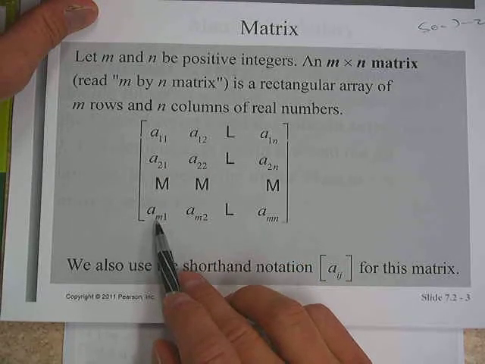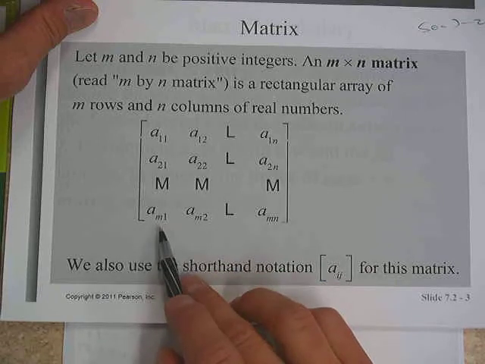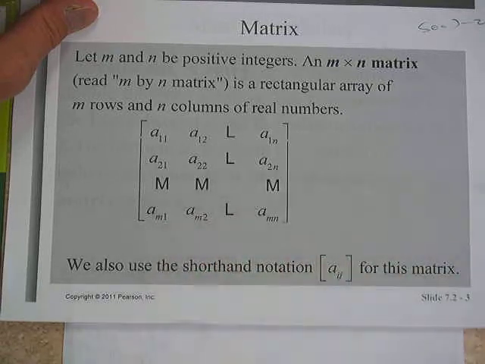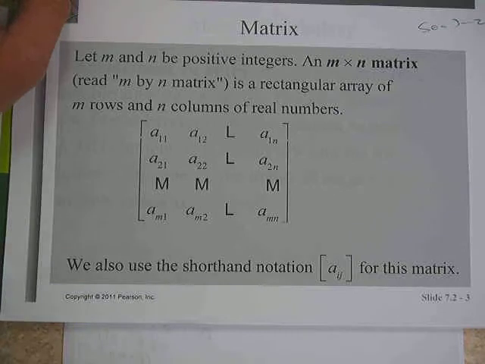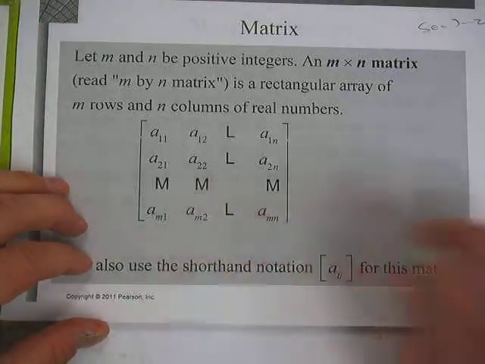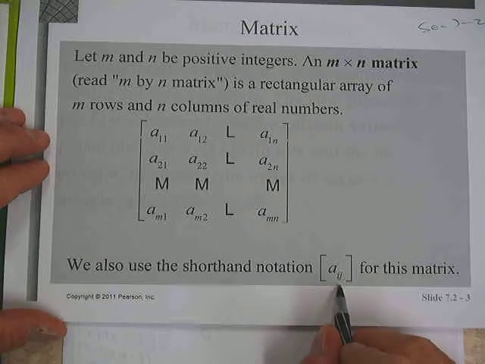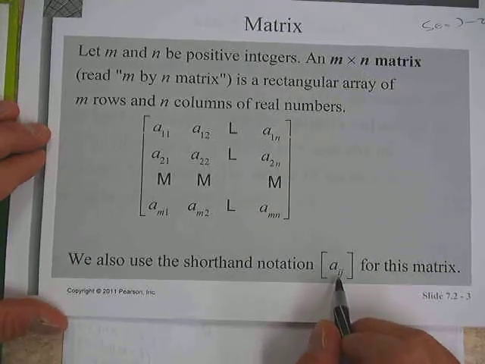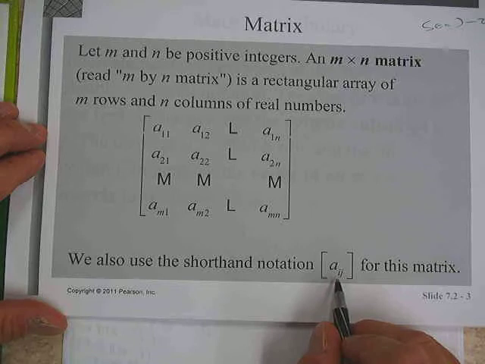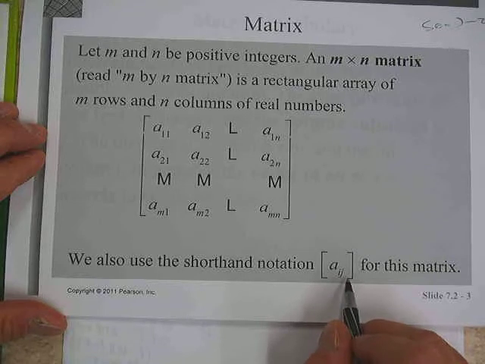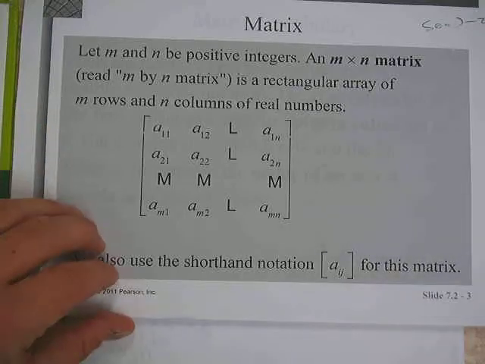This is just a general one, and it could be as big or small as we want to make it. Ultimately, the entries in each matrix are defined by the number of its row and the number of its column. For short, we generally use i, j, with i representing the number of the row that it's in, and j representing the number of the column that it's in.